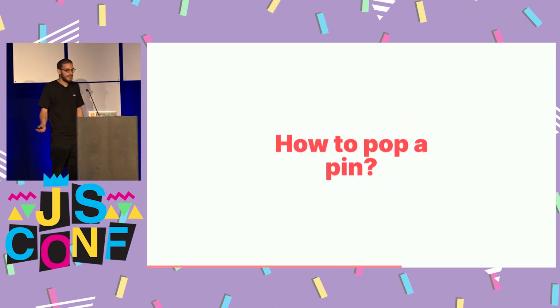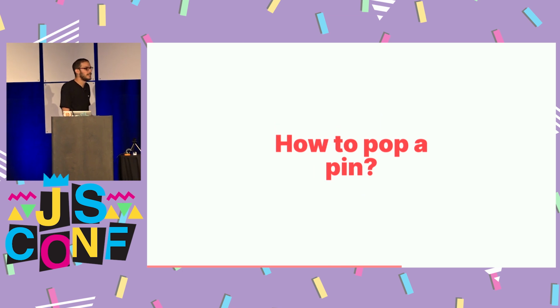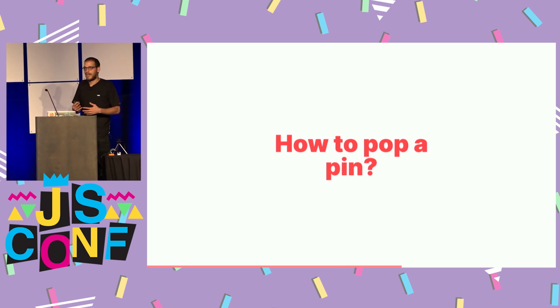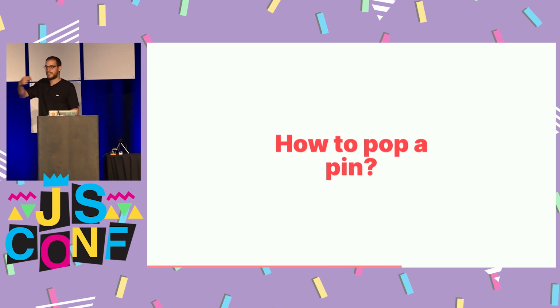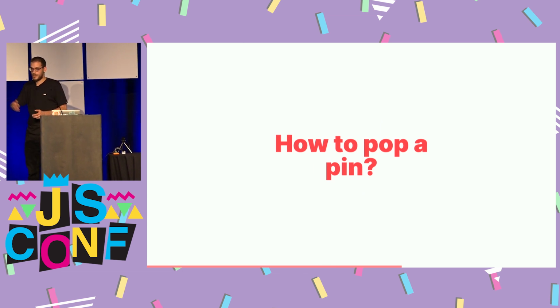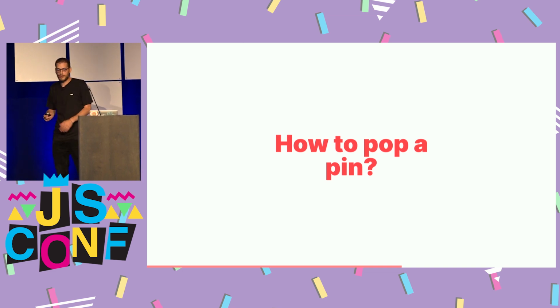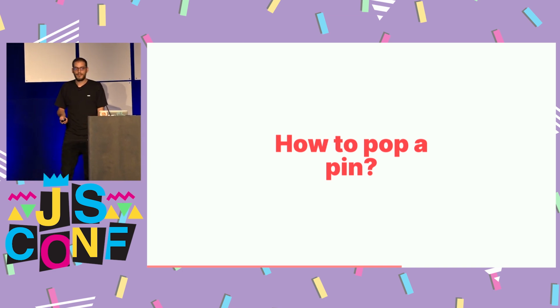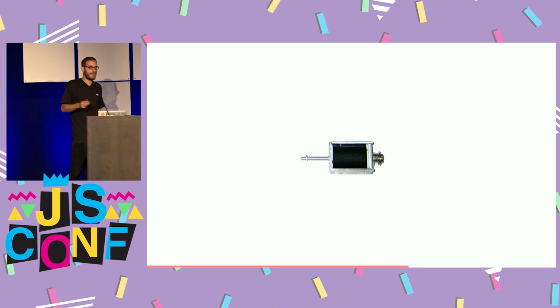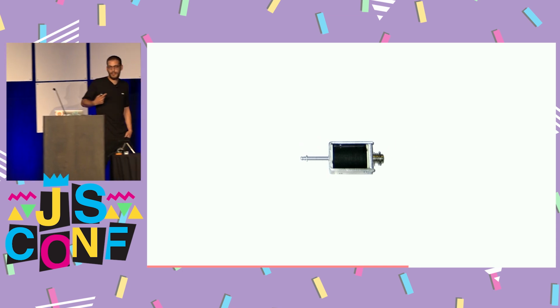And finally, we have to think, how are we gonna actually pop a pin? How can we translate data to motion? So as I kept experimenting with different modules, I decided to stick with this little fellow. This is called a solenoid.